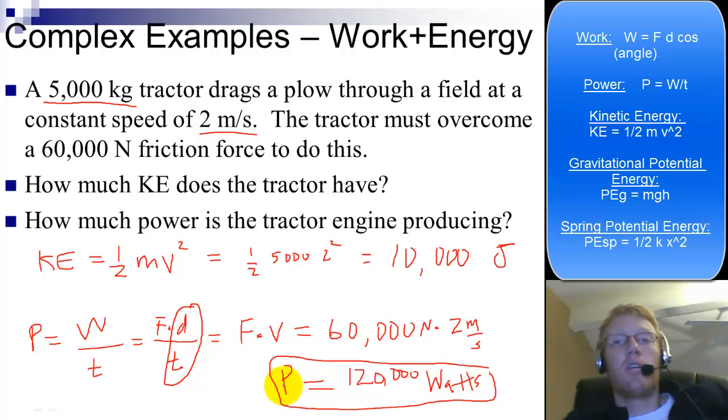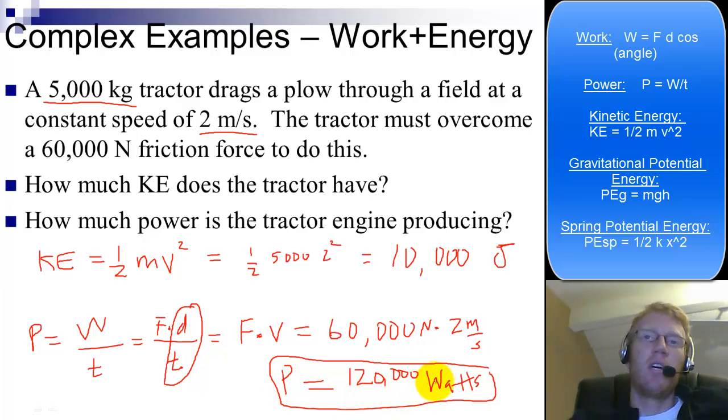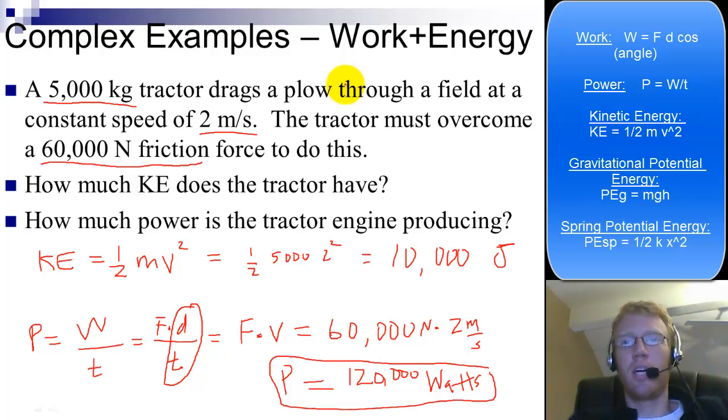So this tractor is putting out a ton of power, and that seems reasonable considering it's got a huge friction force to overcome because it's dragging a plow through a field, right? I mean, the whole point is that you're tilling up the ground and rocks and roots and stuff from previous crops. So it's going to take a lot of work, therefore it's going to take a lot of power to do that. Okay, so this is an alternate formulation for power, force times velocity.